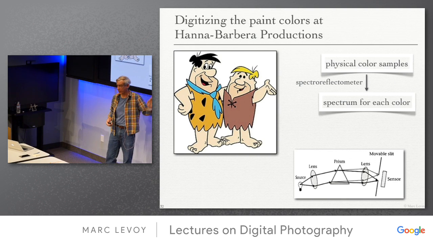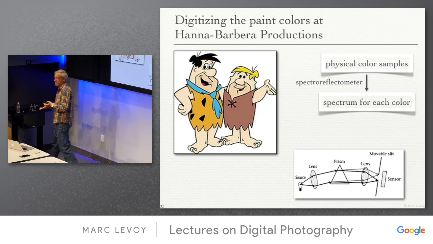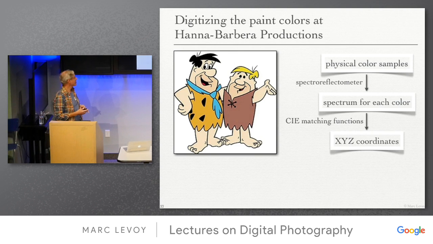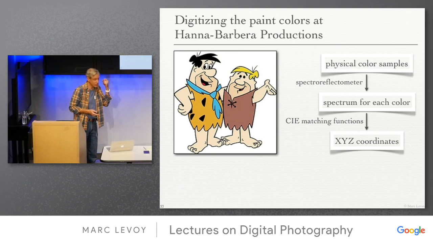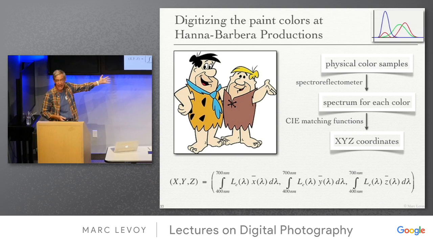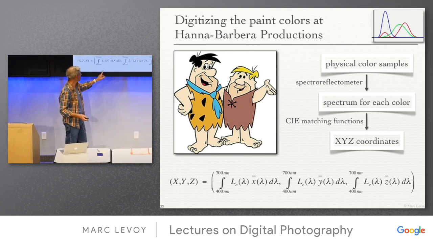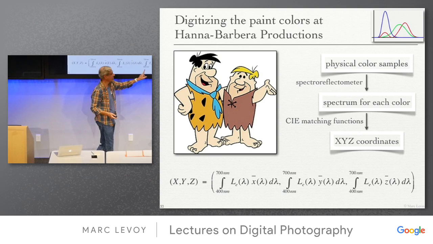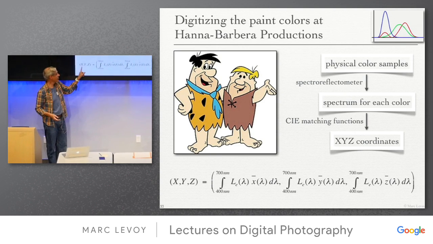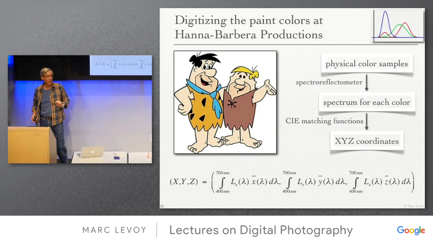They move this slit around, and they'll determine how much of each wavelength exists, and they'll come up with a spectrum. Once they come up with a spectrum for each color, they'll then run it through those X, Y, Z matching functions that are the standard, which is exactly, you've seen these before, except you saw little r, little g, and little b here, instead of X, Y, and Z, and come up with a single set of coordinates. And that's what they sent back to me.